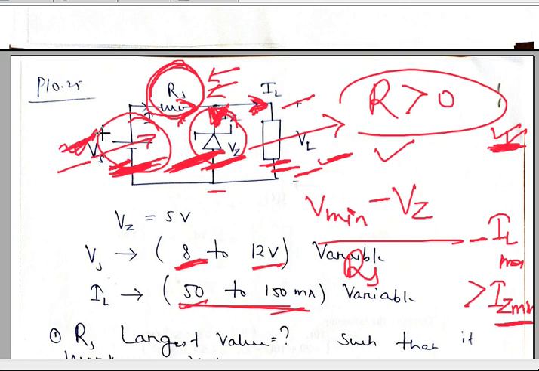So this is variable, and the maximum power dissipation across RS is going to be I squared into R. I is the 12 volt maximum minus 5, divided by RS, which we just found out, then RS is the same value. So you can calculate from that also.